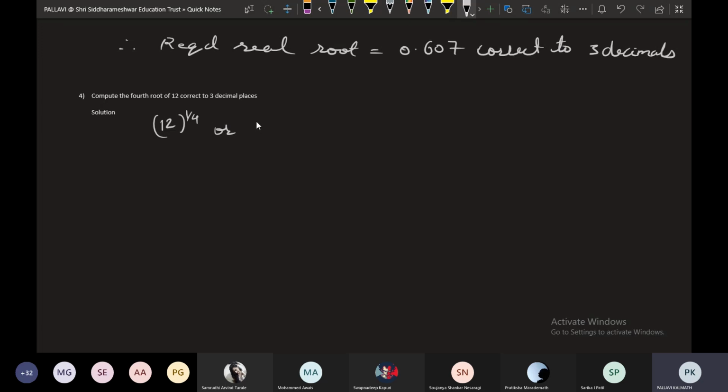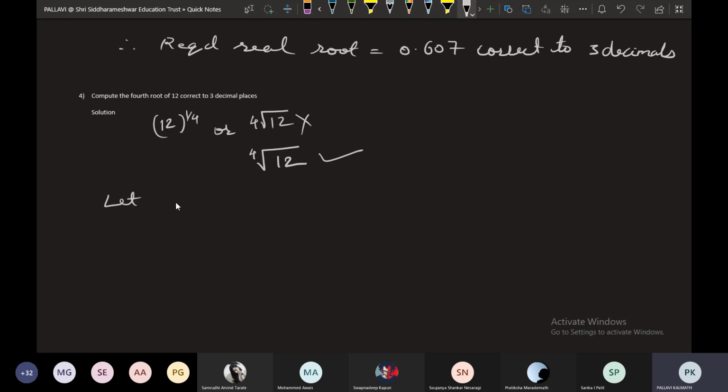Square root. It is fourth root. So how do you write it? This is the 4th root of 12. Is it like this? Correct?